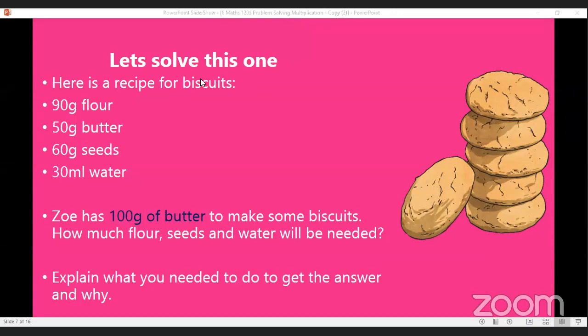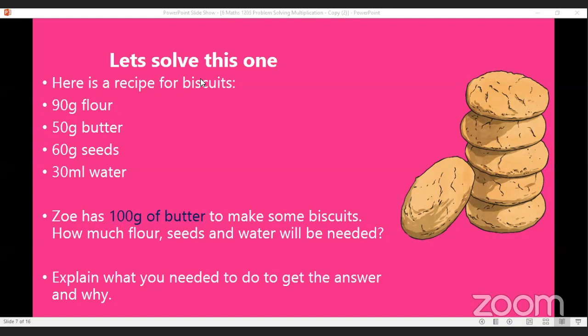Okay, so the next one, let's solve this one. Here is a recipe for making biscuits. This is Zoe making biscuits. The recipe is 90 grams of flour, 50 grams of butter, 60 grams of seeds, and 30 millilitres of water.